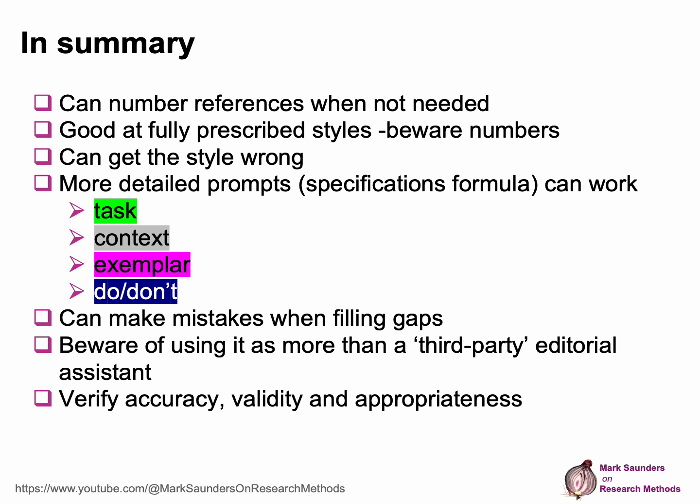And we saw that when we asked for the task, the context, and exemplar and had do's and don'ts. If you leave only partial references in, it can make mistakes and it will try and fill the gaps in, often with nonsense. So we have to beware of using it as anything more than just a third-party editorial assistant. And even when we do this, we need to verify the accuracy, the validity and appropriateness of what it's actually done.